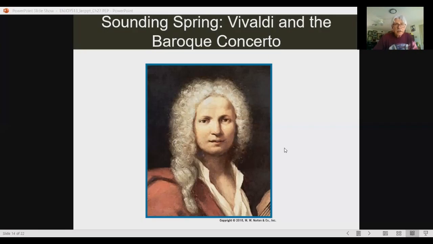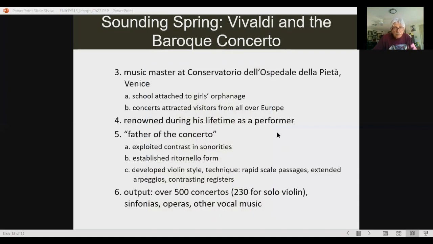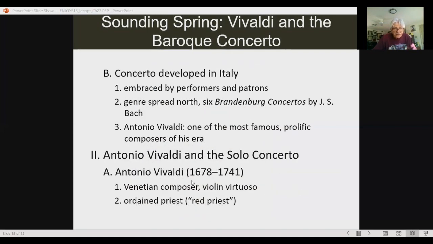Here is Antonio Vivaldi, of course, with the wig. So the birth and death dates, 1678 to 1741, compared to Bach. Bach died in 1750, and Bach was born in 1685. So just a little bit before Bach, pretty much contemporaries, I would say.